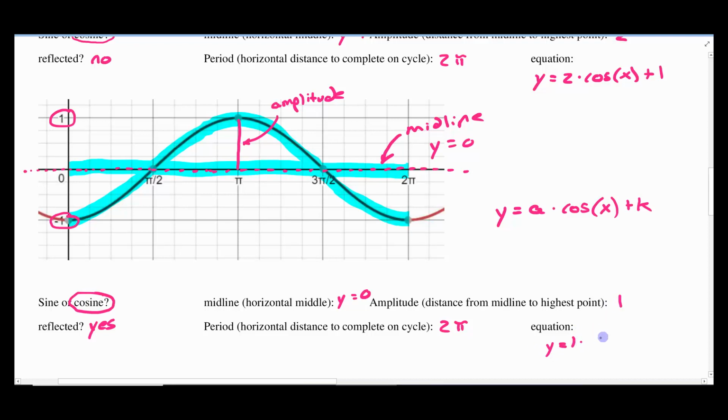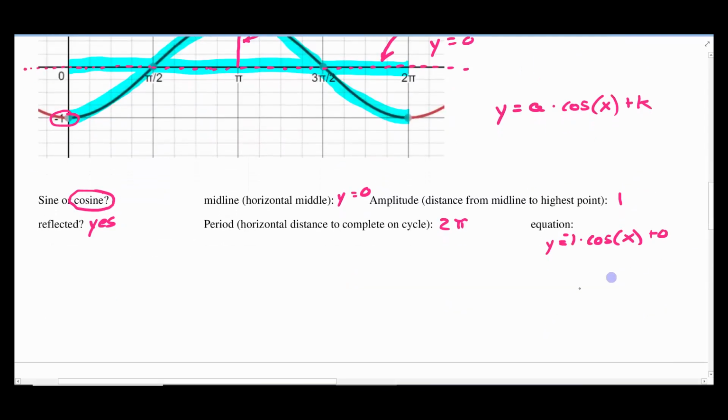So we'll just say 1 times cosine x. And then the midline was also at 0, so we'll say plus 0. And then it has been reflected, so I need to put a negative in front of the 1. So I can simplify this a little bit, and I can just say y equals negative cosine x. And then since it's a plus 0, I really don't need to write that on the end. And that completes that problem.